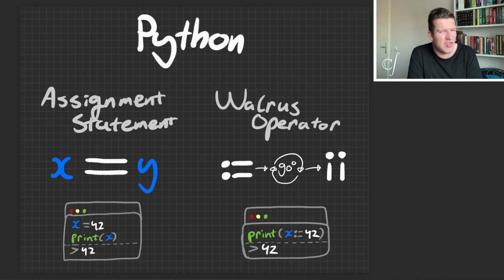But actually it's just the assignment operator that we just described, but they call it the walrus operator because if you rotate that sign colon equals by 90 degrees, it looks like a walrus with 2 eyes and 2 teeth. Make of that what you want, but then you can do stuff like print x colon equals 42, and then colon equals 42 returns 42, so you can do both of them in Python. So that is very interesting, I think.